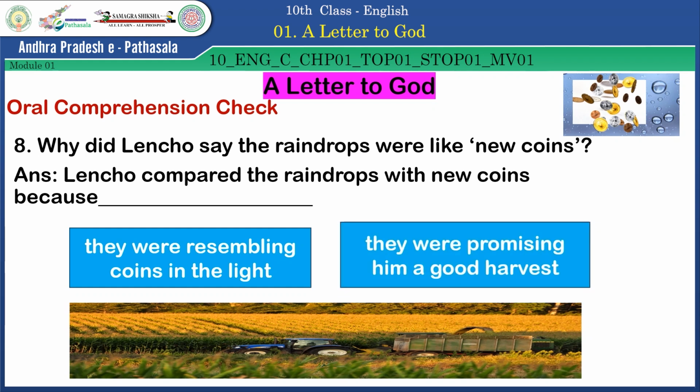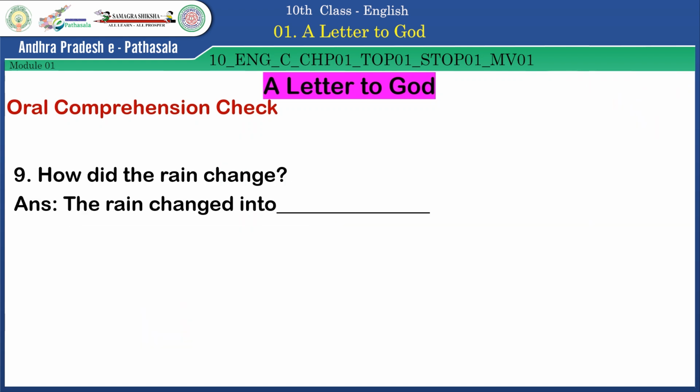They were promising him a good harvest. Yes, what's the right answer? You're right, they were promising him a good harvest. Well done.